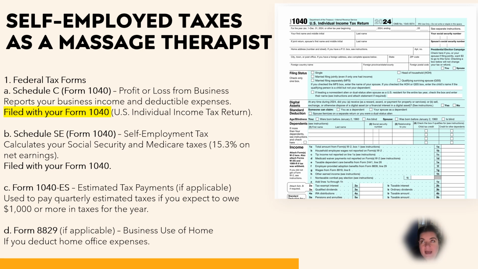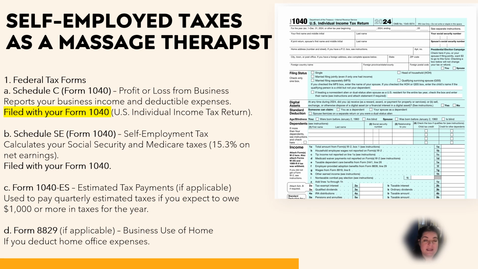Now, I highly recommend, especially if this is your first year doing self-employment taxes, to definitely get a qualified tax preparer to help you out, whether that is an individual or you go with a large franchise like H&R Block or TurboTax. Please get help for at the very least your first year to make sure that you are selecting not only the correct deduction, but also filling out the income portions correctly.